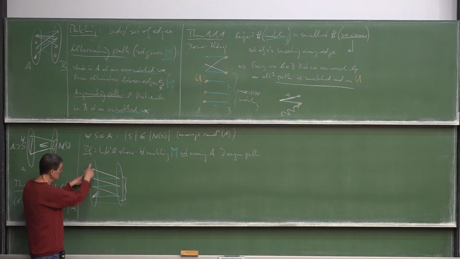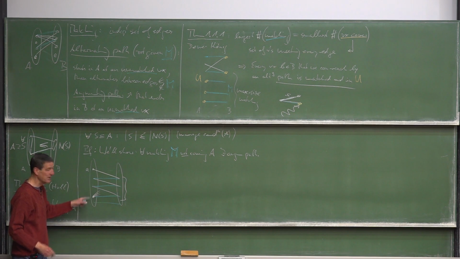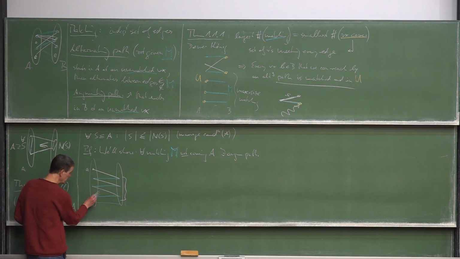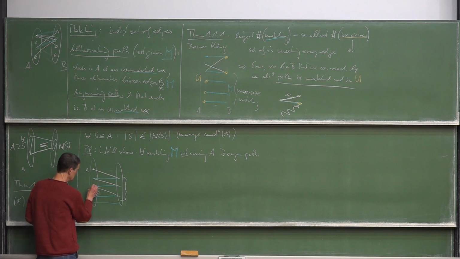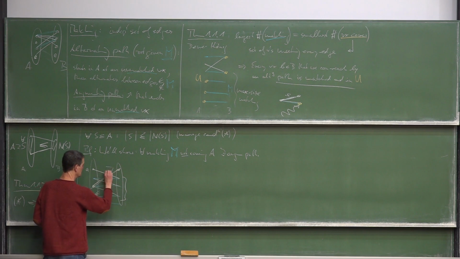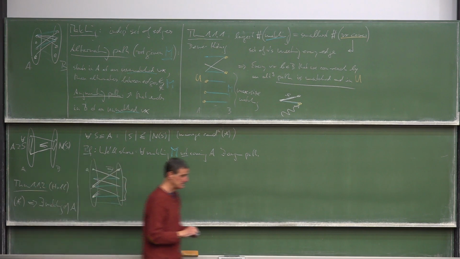So let's take the vertices on the left of our path as S, and then we know that, although these edges here don't go outside, don't lead to a new vertex by definition of getting stuck, some other vertex does, so this exists.